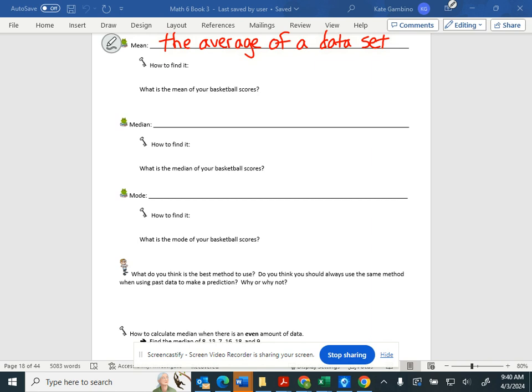So for the mean, we just need to add all the numbers together and divide by how many numbers there are.